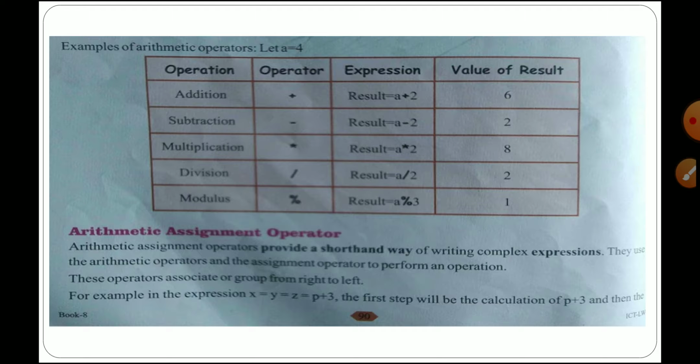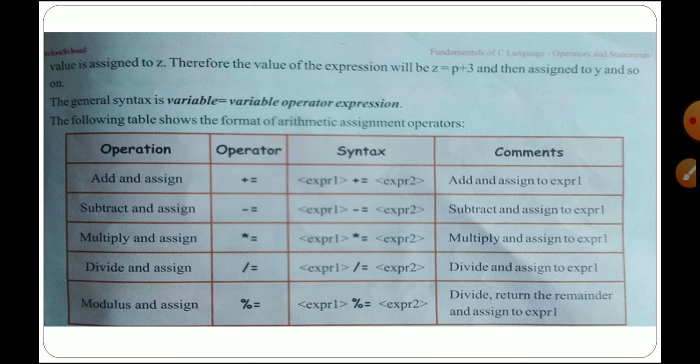We have to see the symbols and examples one by one, in the table they have given. First one is addition, add and assign. The operator is plus equal to: expression 1 plus equal to expression 2.